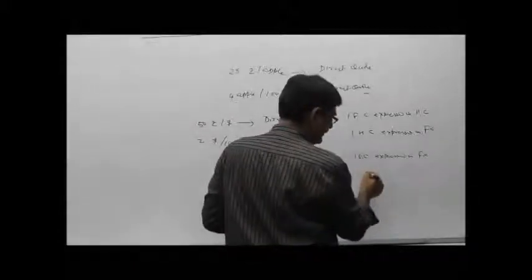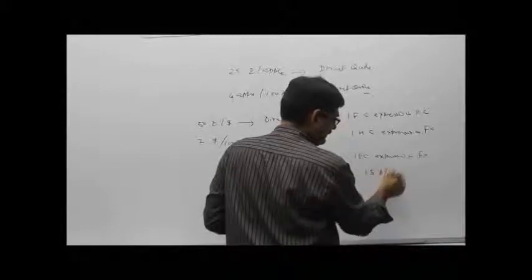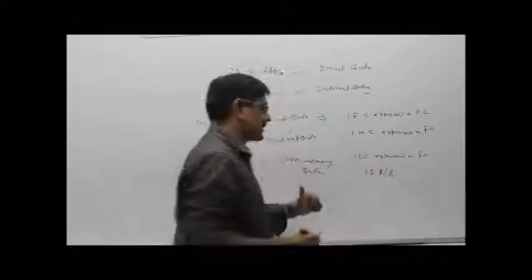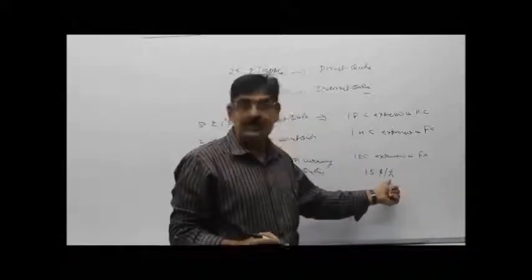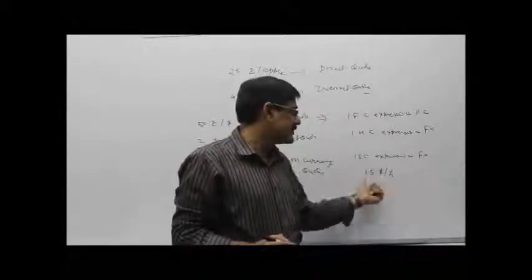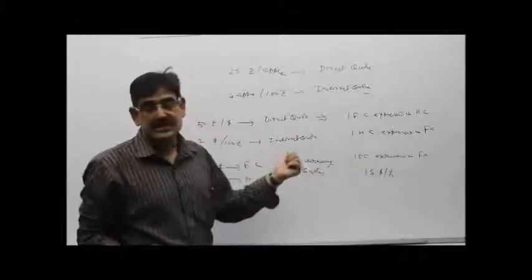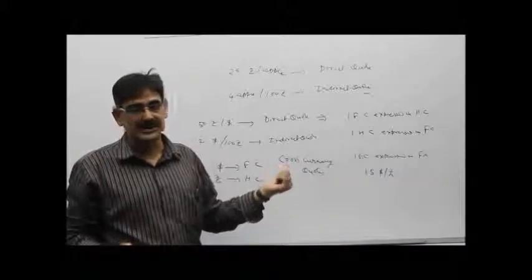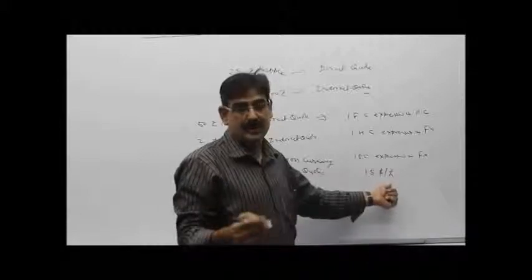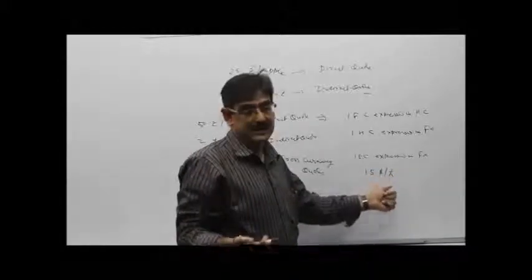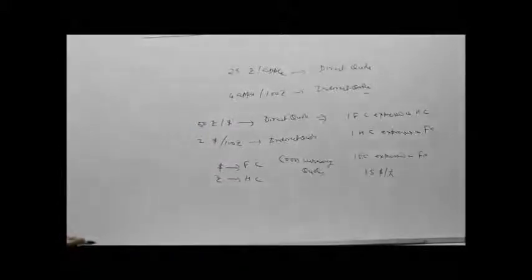For an Indian person, $1.5 per pound is a cross currency quote, because neither dollar nor pound is the home currency. So 1 pound expressed in terms of dollars is called a cross currency quote. It is a cross currency quote when one foreign currency is expressed in certain units of another foreign currency only.